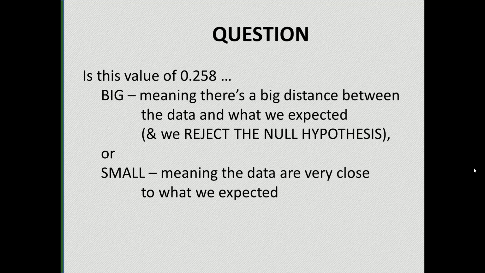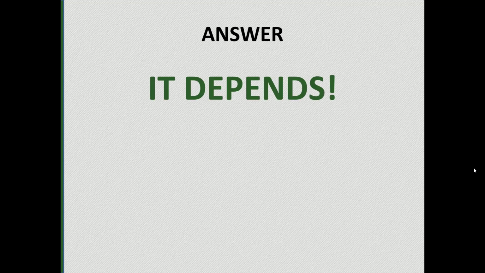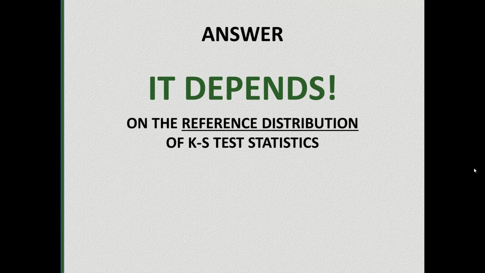The data were pretty close to what was expected, which means that we don't reject the null hypothesis. Big distance or small distance? And of course the answer is it depends. Compared to what? Compared to our reference distribution of how KS test statistics behave.